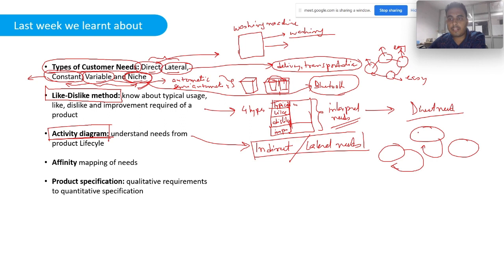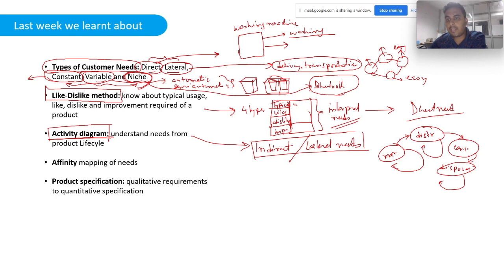For example, various activities at the distributor level, at the consumer level, at the disposal level, at the manufacturer level, from manufacturer to distributor, from distributor to consumer, and similarly to disposal.